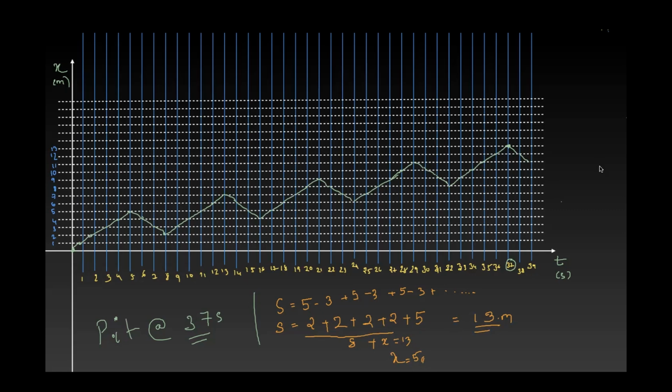Now, this is okay. But what you need to find out is the actual time taken for him. How much time does it take to go these two effective steps? It is nothing but the time taken for these 5 steps plus the time taken for these 3 steps. The time is always added up. You can't subtract time.